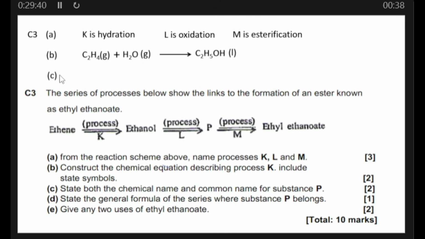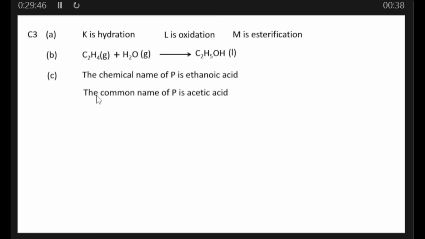So see, the chemical name of P is ethanoic acid. Then the common name of P is acetic acid.